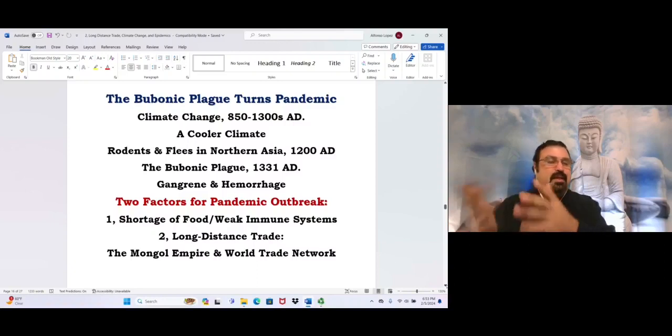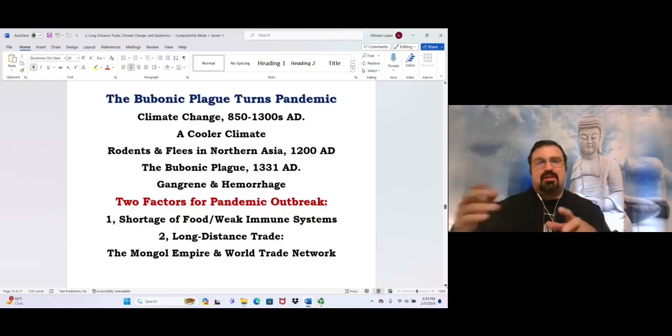They're also moving into the Indian subcontinent and beyond. And as merchants are exchanging products from one part of the network onto another, they're also exchanging, of course, the disease.